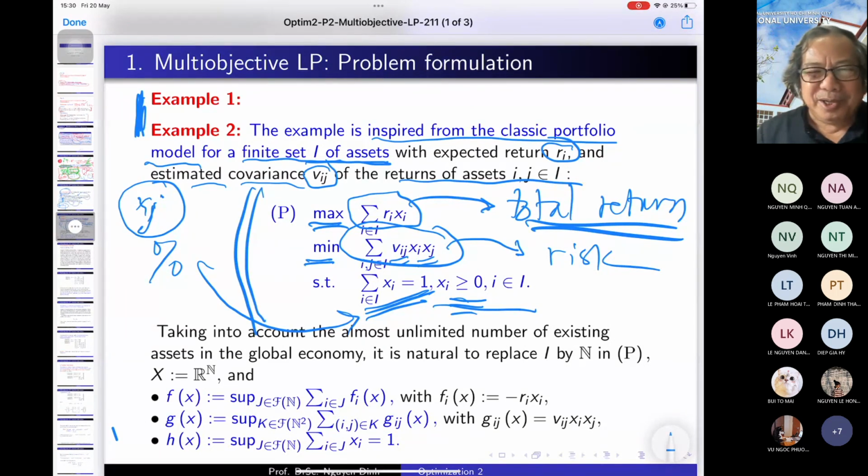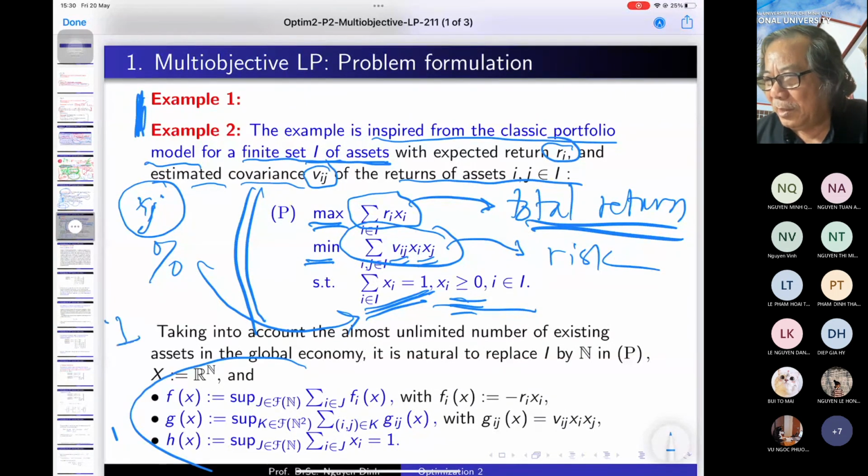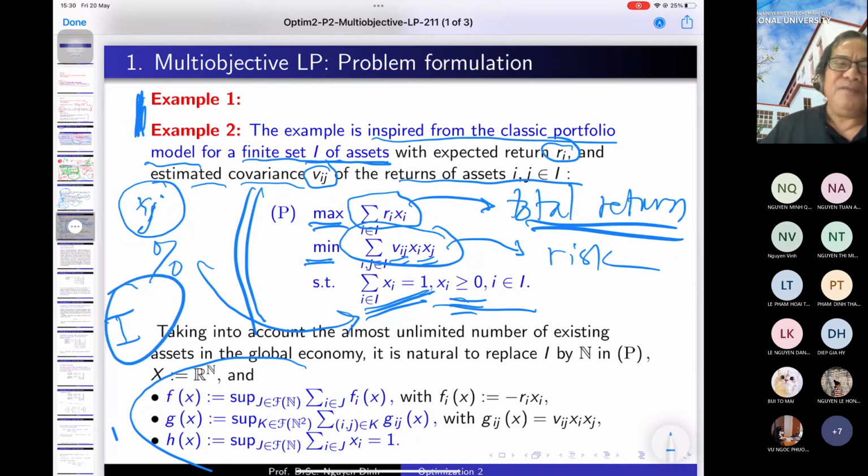A very simple model in finance of multi-objective linear programming. Here I make it very general because I is a set. Normally I is finite, but if you consider a very big corporation like Apple, they invest in a lot of things in the world, and in this model I consider I maybe infinite, millions or something like this.